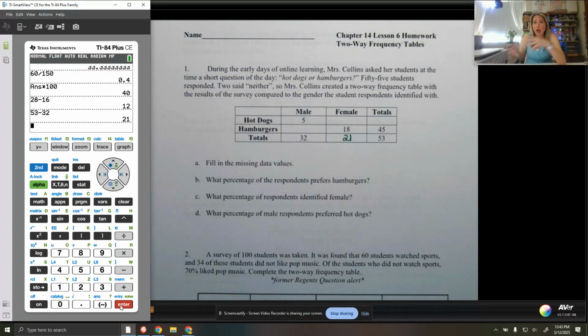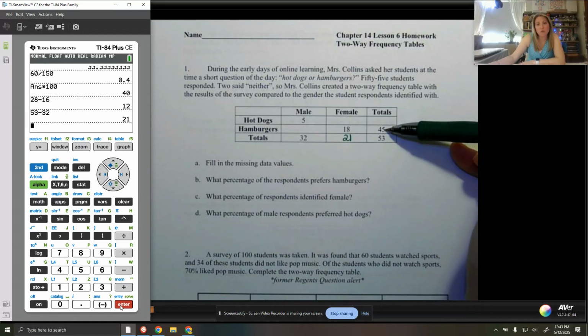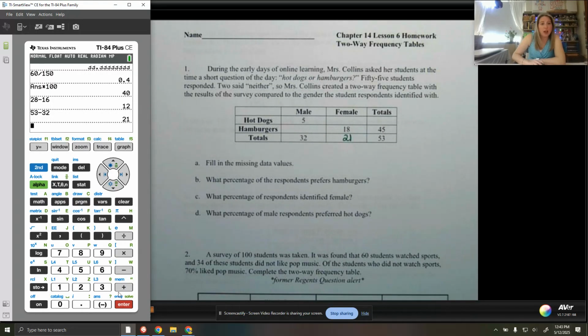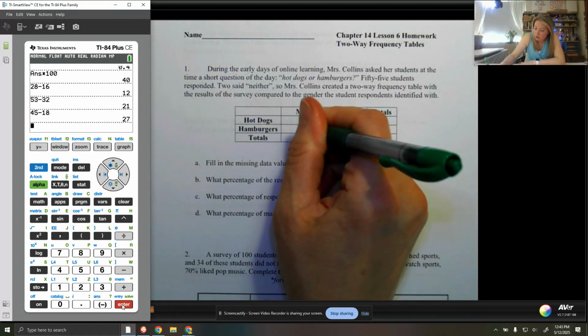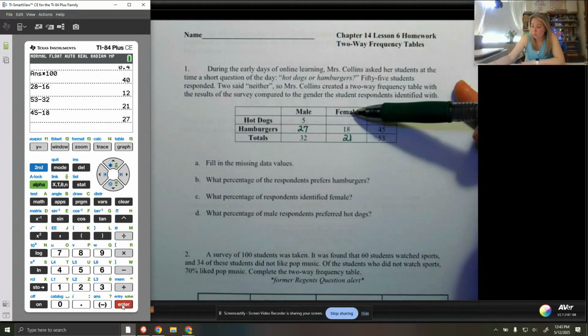Now, you can also think of it that way with hamburgers, because there were 45 people that said hamburgers, and we know that 18 of those were female. So 45 minus 18 gives me that 27 of the people who said hamburgers were male. And then we can also go backwards, right?